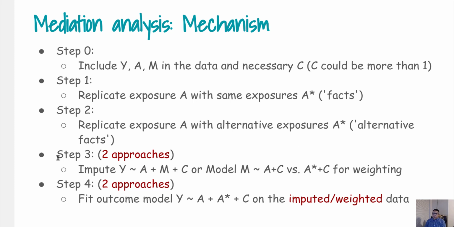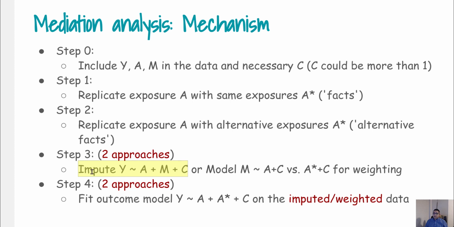So in step 3, what we are doing is that we are essentially working with 2 different models, and you can pick one of them. This is the imputation model and this is the weighting model. In our lab we will only show the weighting approach. We are not going to show the imputation approach, but it is very simple to understand. Our choice of either imputation or weighting will also change how we approach our step 4.